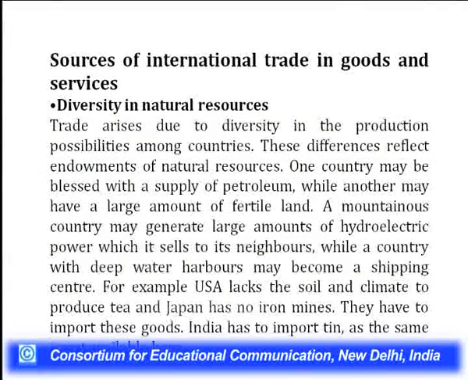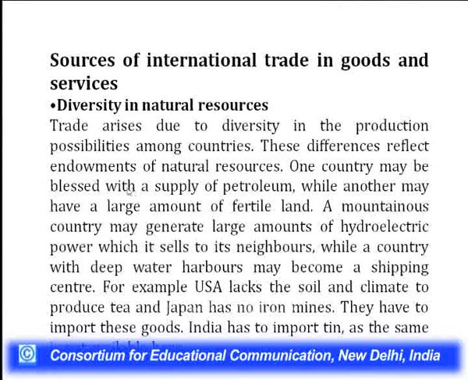Now, what are the sources of international trade in goods and services? Number one is diversity in natural resources. Trade arises due to diversity in the production possibilities among countries. These differences reflect endowments of natural resources.